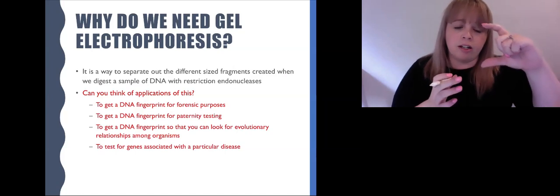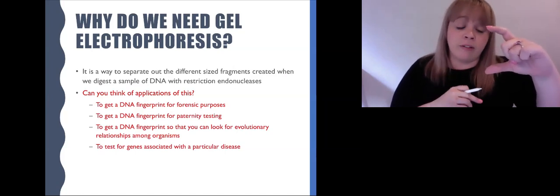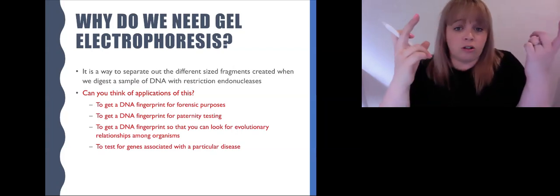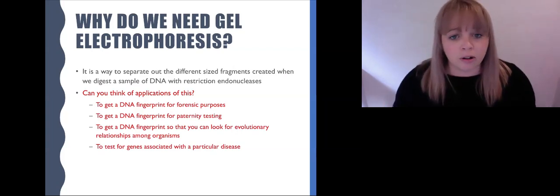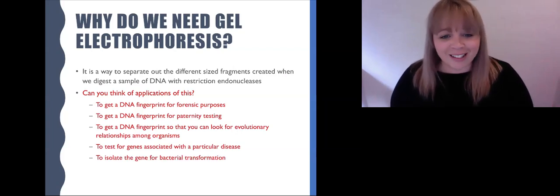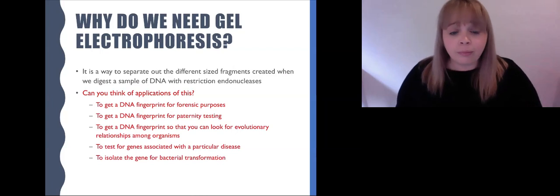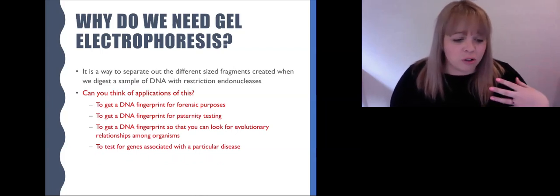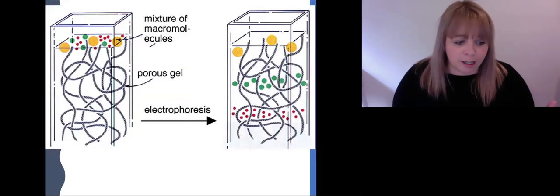If you know that you get a certain pattern with an unaffected gene and a certain pattern with an affected gene, you can actually do that really easily and see whether or not someone has the gene for a particular disease. And the final one is the one that I talked about to begin with. We can use this to isolate genes like the insulin gene for doing bacterial transformation.